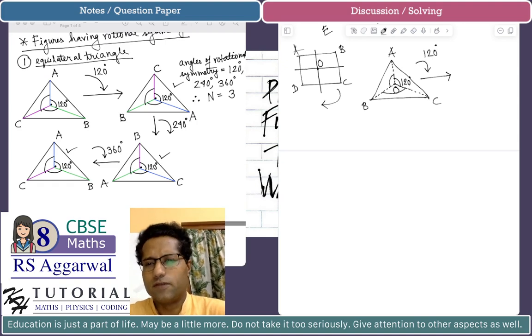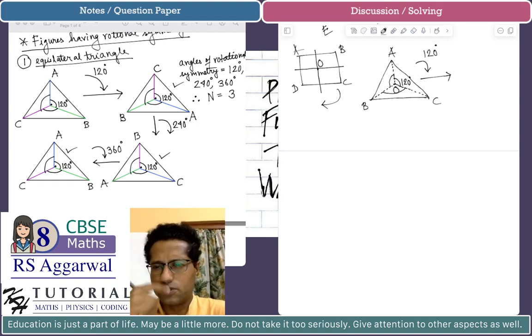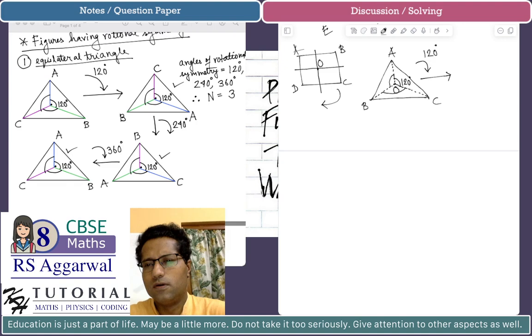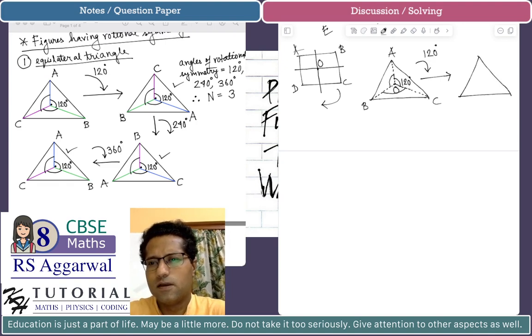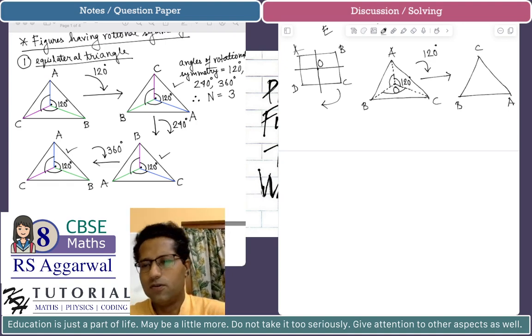After this rotation, the triangle will look exactly the same, but as you can see, the position of the vertices will change. This will be A, this will be B, and this will be C. But you can see that it is looking exactly identical to the starting position and orientation of the triangle.